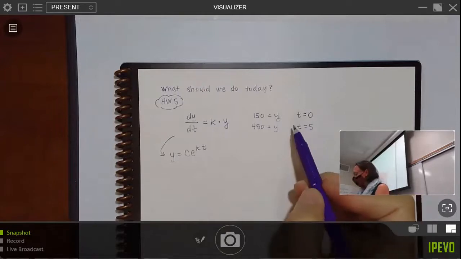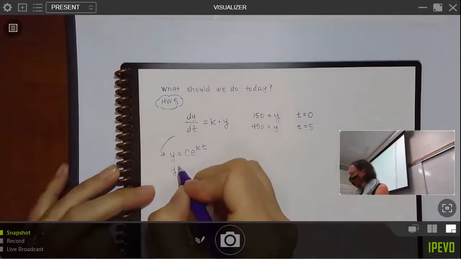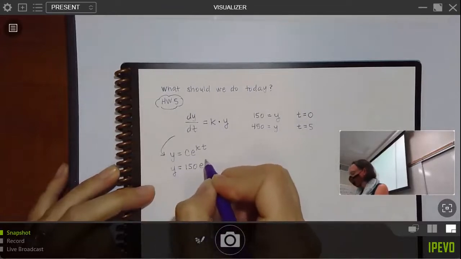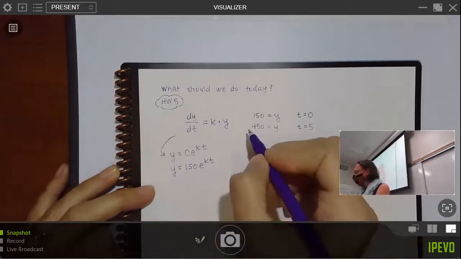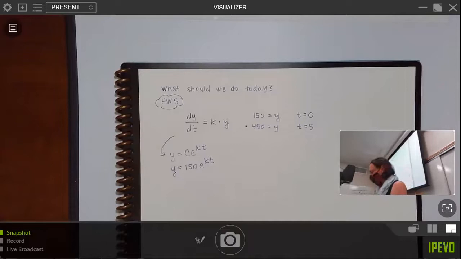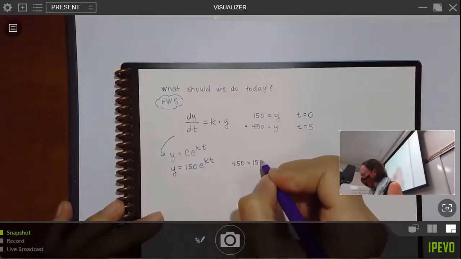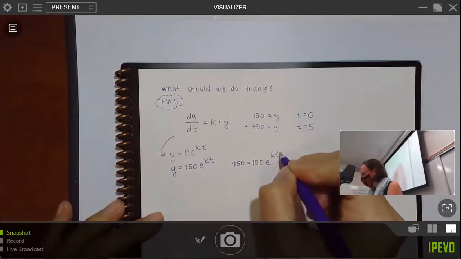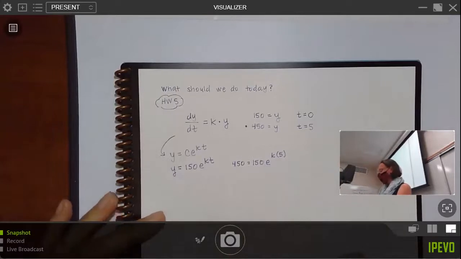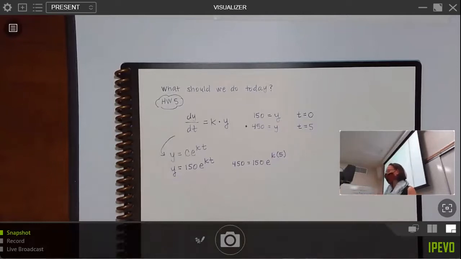Well, if that's the case, then C is our initial condition, which means we can go ahead and write this as y equals 150 e^(kt), and then use this second data point to come up with a value for k. So that second data point, if we plug that in, I've got 450 is equal to 150 e^(k times 5). My objective right now is to solve for k so that we have the full model to work with to answer all of the other questions.